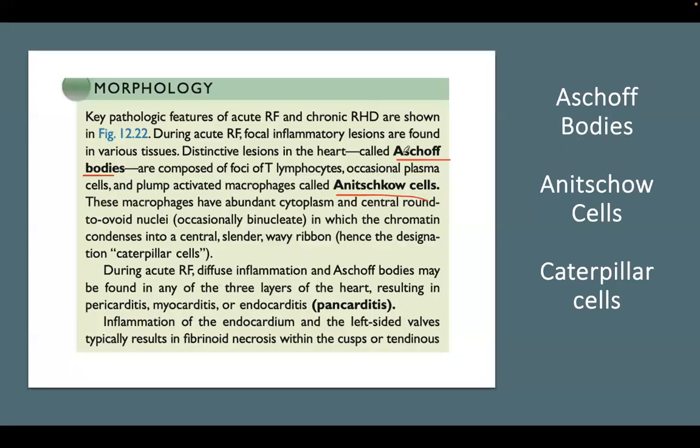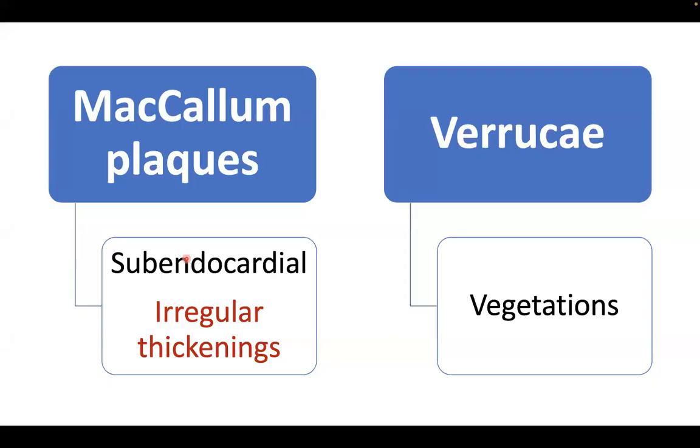So here we have in bold letters the Aschoff bodies. Then we have the Anitschkow cells, then here the caterpillar cells. Now I want everyone to remember these irregular subendocardial thickenings.